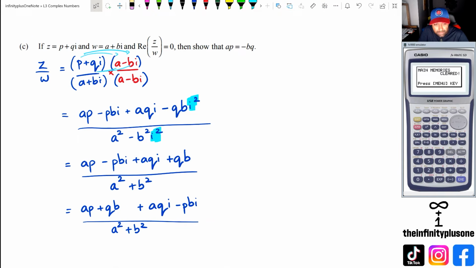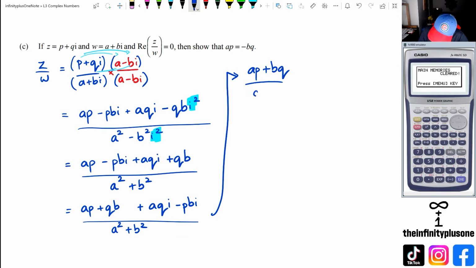Now, the really important part is that we know the real part of z over w is equal to 0. So if that's the case, I'm just going to rewrite this like this: ap plus bq over a squared plus b squared, plus aqi minus pbi, divided by a squared plus b squared.